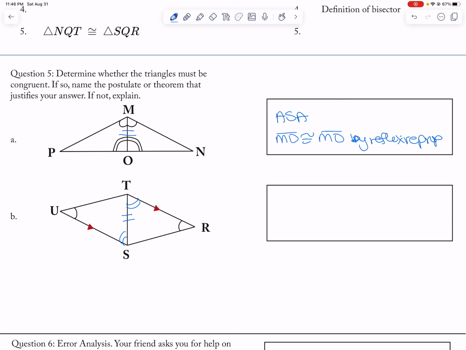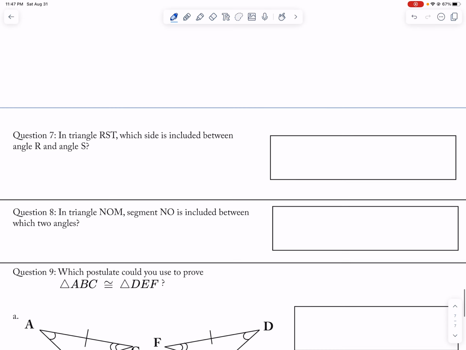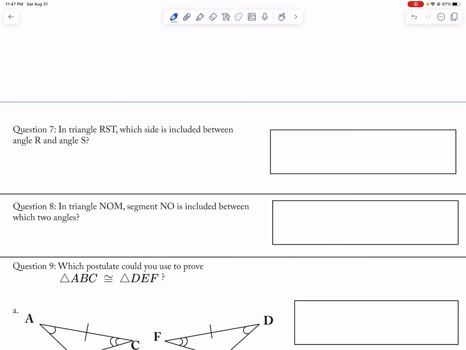So I'm going to use angle, side. So TS is congruent to itself, reflexive. And then angle TSU is congruent to angle STR by alternate interior angles.